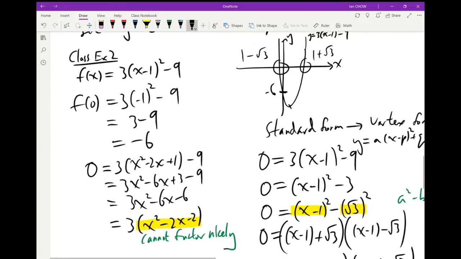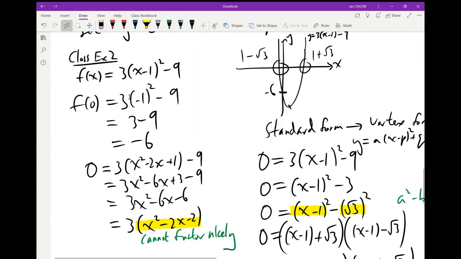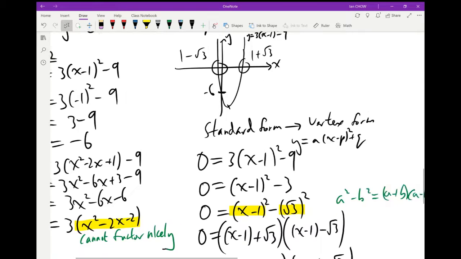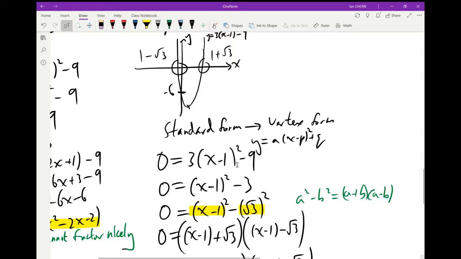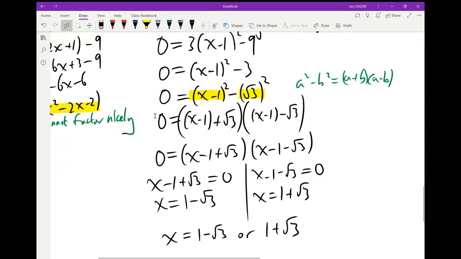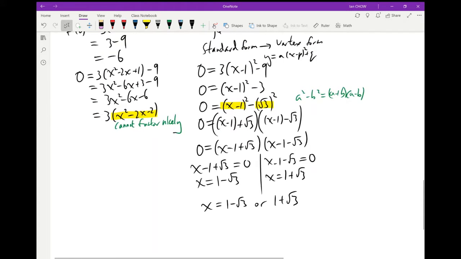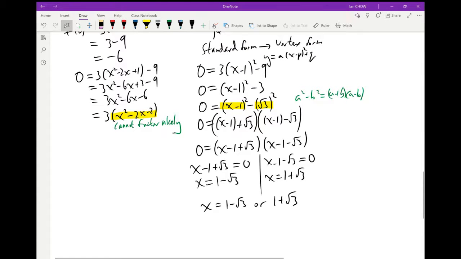When we get to this point, after we substitute in f of 0, and we want to find our x-intercepts by setting y equals 0, we move away from the standard general form, and then we go into the standard vertex form, and then we have to manipulate our equation so that we can use the a plus b, a minus b factorization. So that will be able to find us the x-intercepts. So that is class example 2.